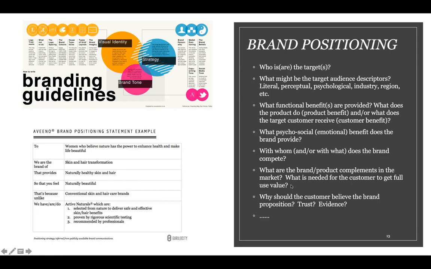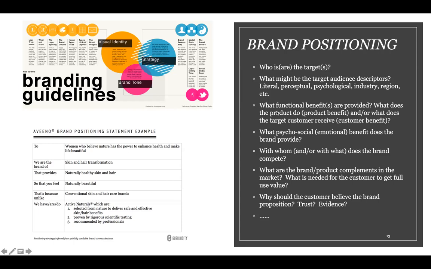What are the complements? Very few products get used alone. Even things like hair and skin products, you don't necessarily just buy a shampoo. There's a whole host of other things that are being purchased in alignment with this. What's needed for the customer to get full value? And why should the customer believe in the brand proposition? In other words, why is it that the proposition that's being made resonates with the target?